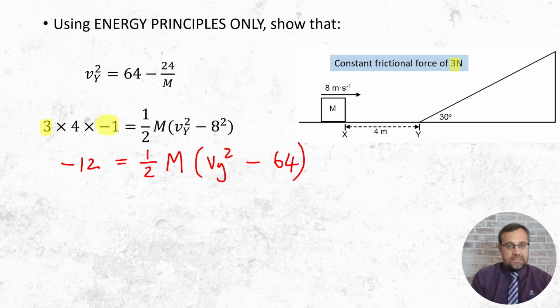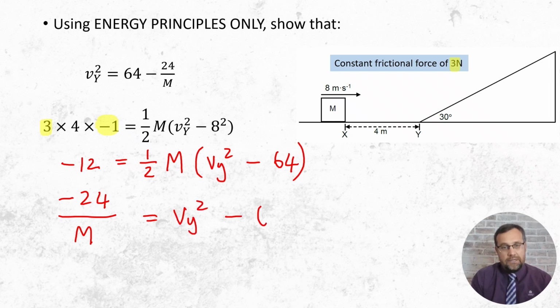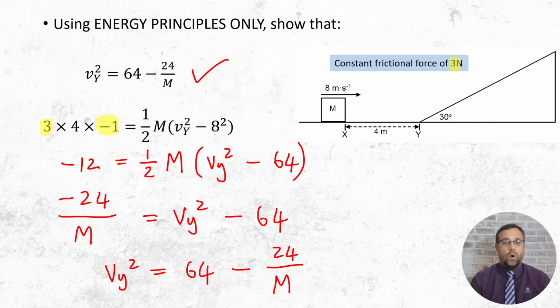So that gives us minus 24 divided by m is equal to Vy squared minus 64. So if we rewrite this in terms of Vy squared, that is equal to 64 minus 24 divided by m, and that is exactly what we should have shown.